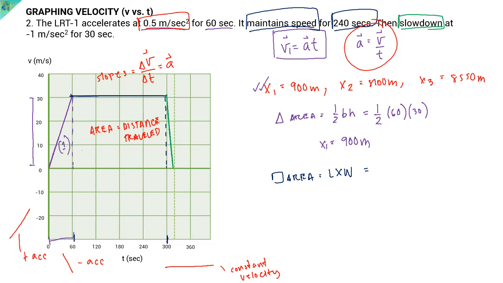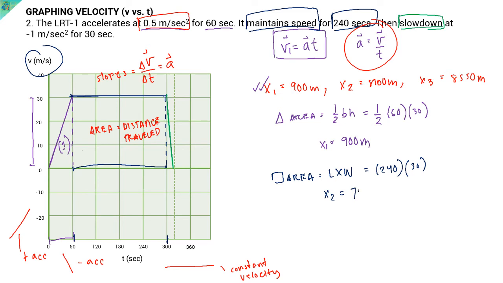And the time for this second situation is about 240 seconds. Ito yung kanyang base. That's 240. Multiplied by the height. And the height is again still the velocity, which is 30. So x2 would be 7,200.